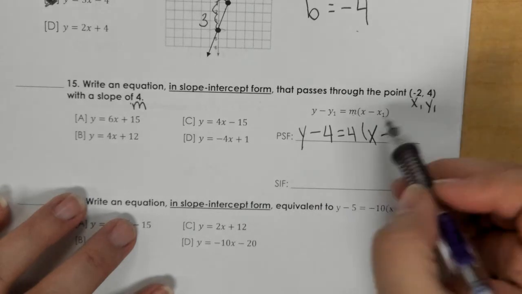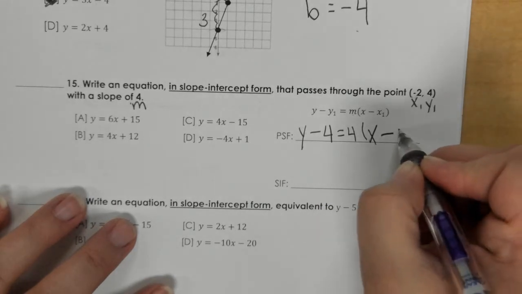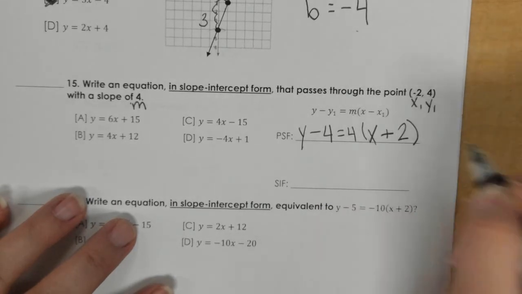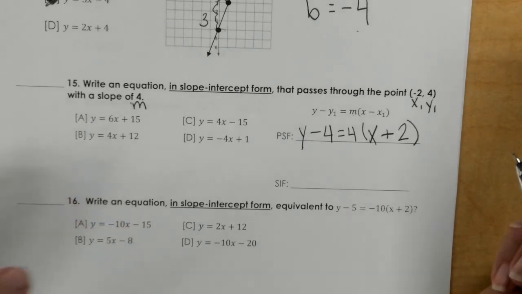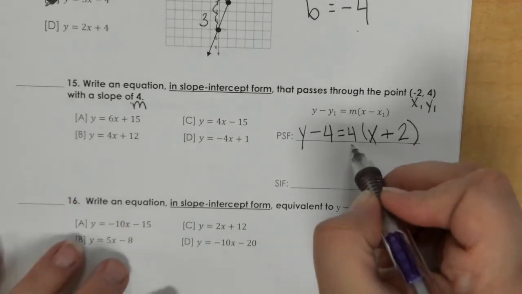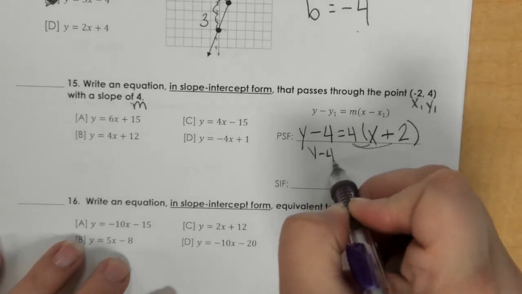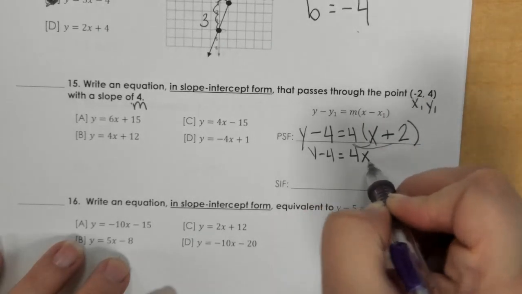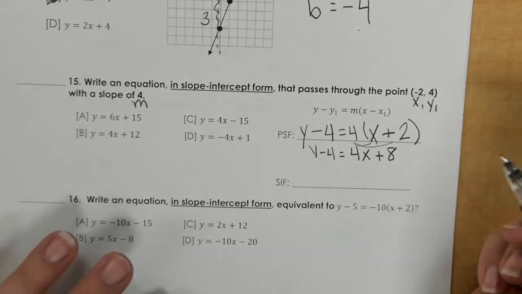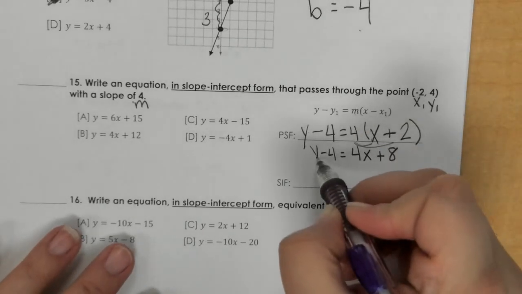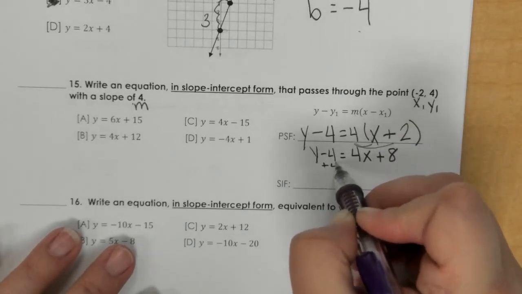X minus x1 is negative 2, which makes a positive. And now we can distribute the 4. So I would have y minus 4 equals 4x plus 8. Lastly, to get the y by itself, I need to add 4.